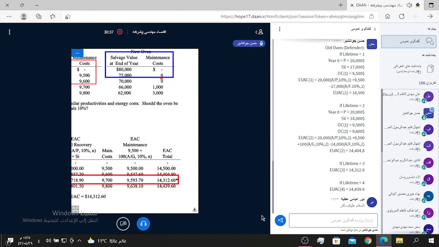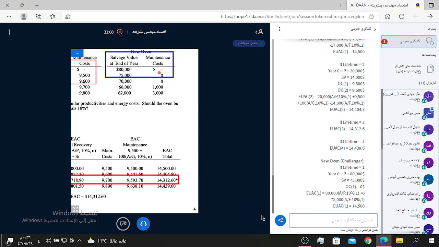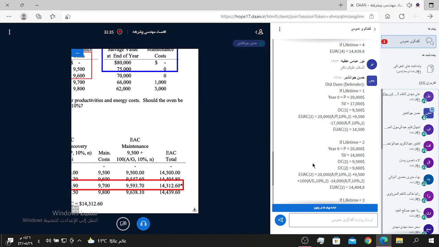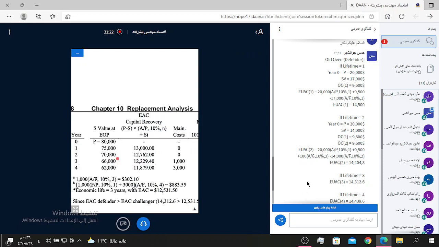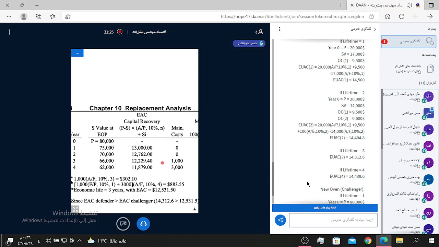And find UAC1 equals 80,000 (A/P, 10%, 1) plus 0 minus 75,000 (A/F, 10%, 1). UAC1 equals this number.